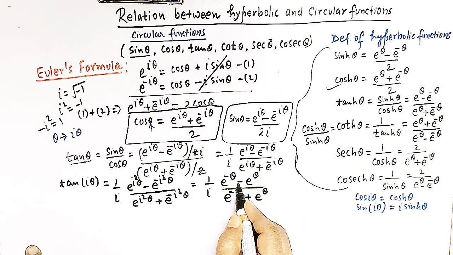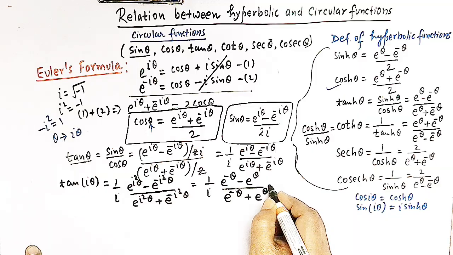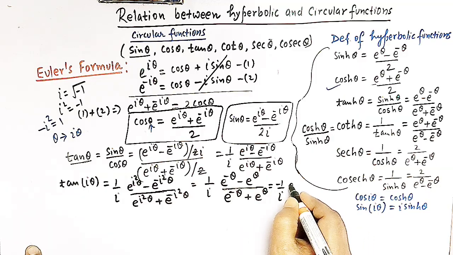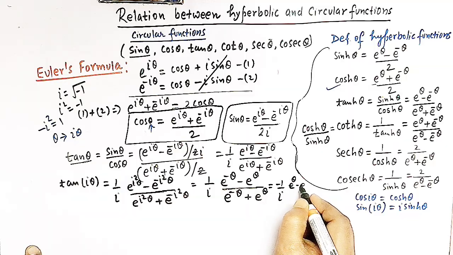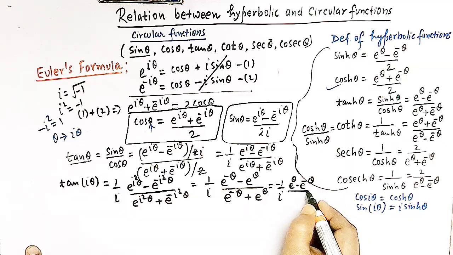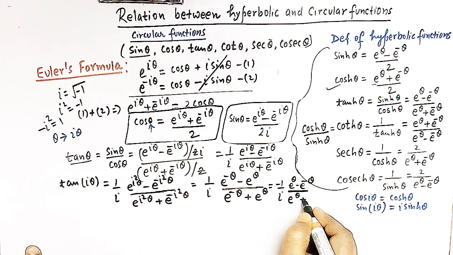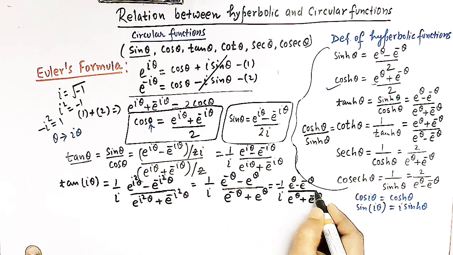So now taking negative 1 common in the numerator, we have minus 1 over i and e raised to θ minus e raised to minus θ over e raised to θ plus e raised to minus θ.